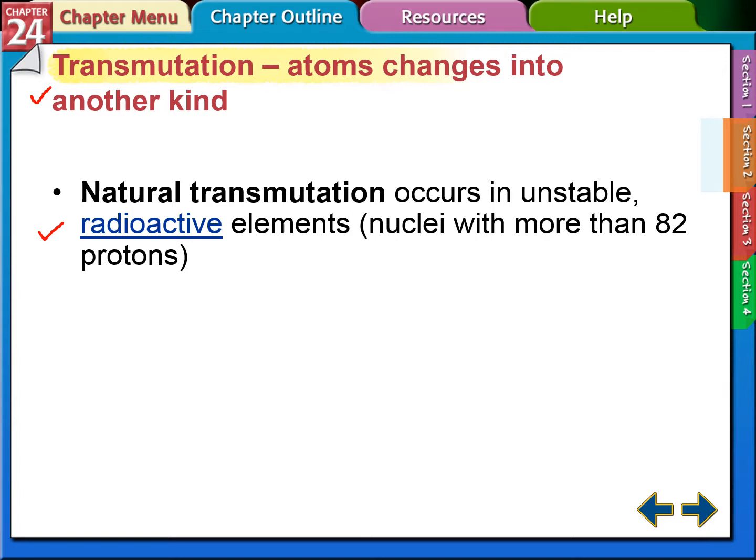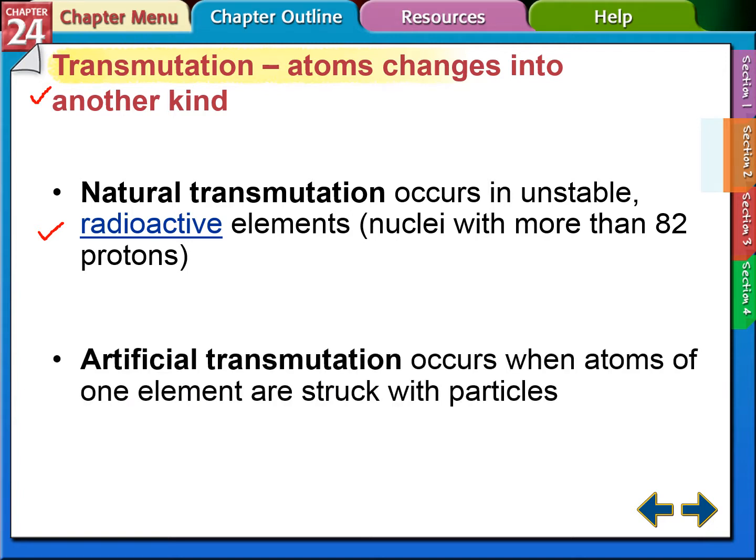Another type is called artificial transmutation, which occurs when atoms of one element are struck with other particles. So it is possible for elements having fewer than 82 protons to undergo transmutation, and this process is called artificial.